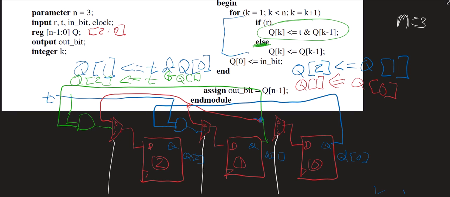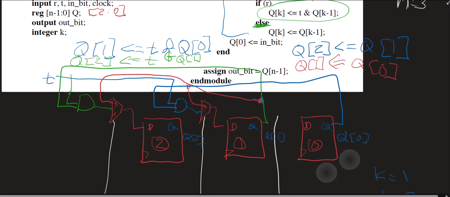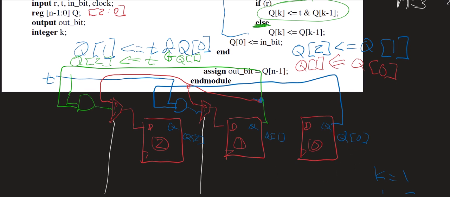And notice I never actually used this multiplexer. Turns out we didn't need it. So I can take it out. And in bit is going to Q0, so I just have another variable called in bit.